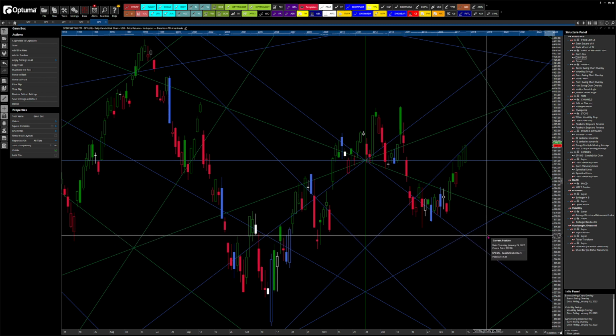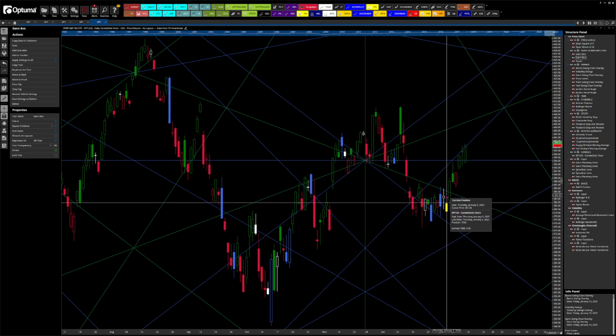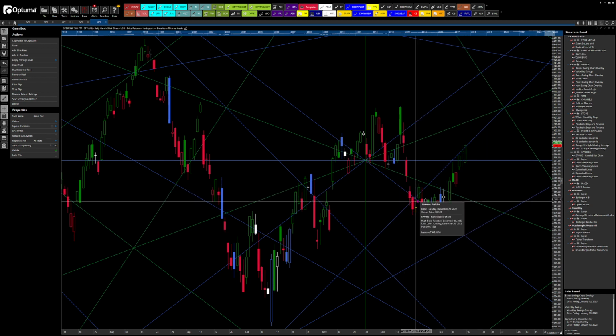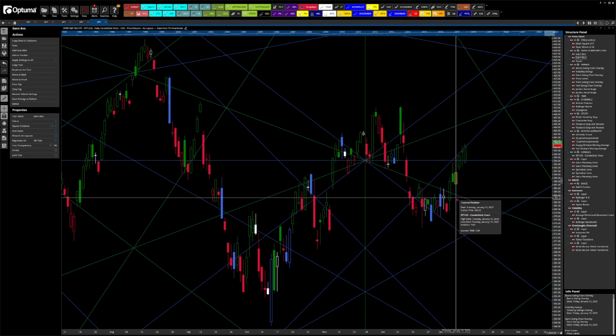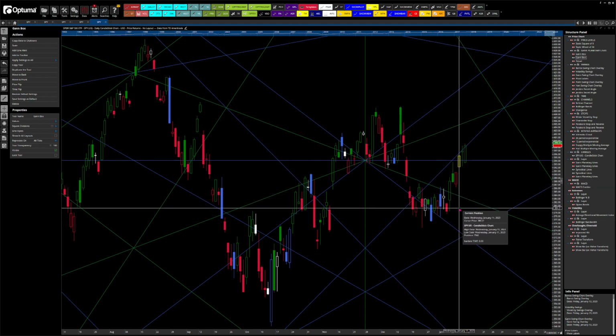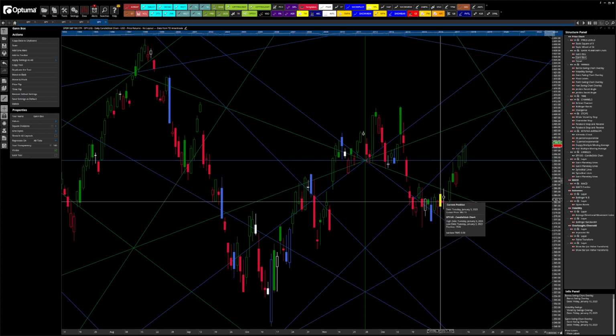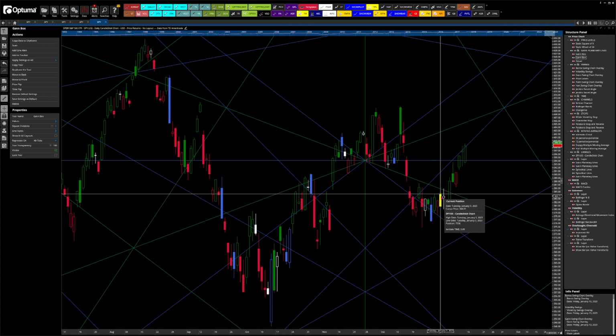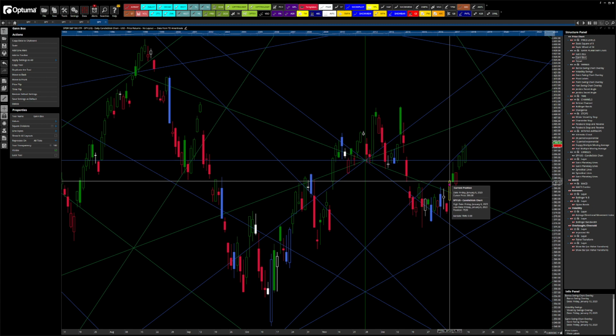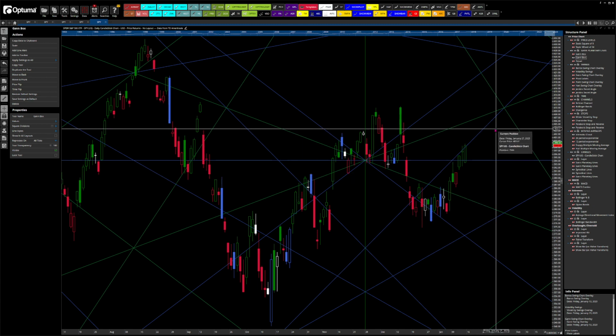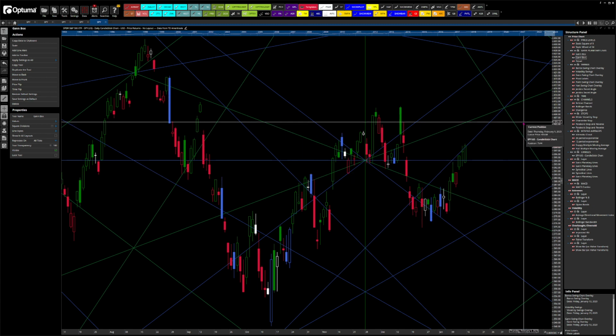Well, I'm almost finished here, but okay, for example here, we see the clustering in here, and then we see this diagonal acting as resistance, and then if we were here, it would have been like, okay, well, let's wait and see what happens, and then when we get the break here, that could have been an interesting thing to let me know about.